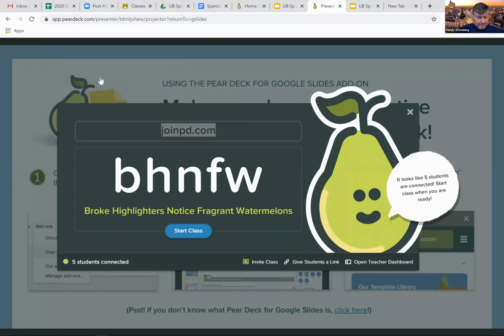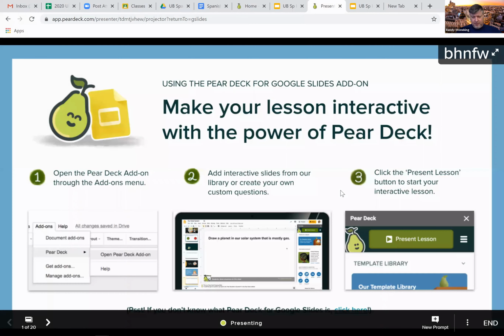Okay, so obviously that first screen, there's nothing to do there other than just wait.